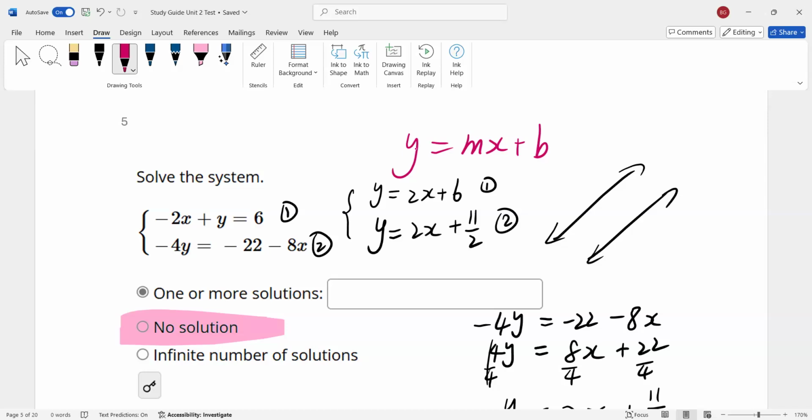If the 2 equations have the same slope but different y-intercepts, like what we have right now, then no solution. If after we simplify, the 2 equations look exactly the same, they are the same equation, then you choose infinitely many solutions. All right? What case do we have in the exam? I'm not sure. You have to figure it out.